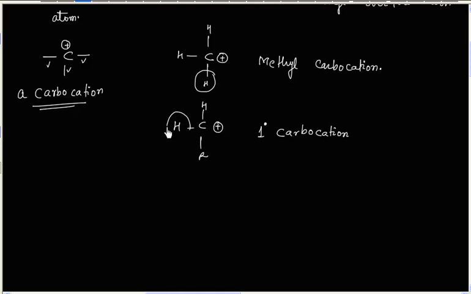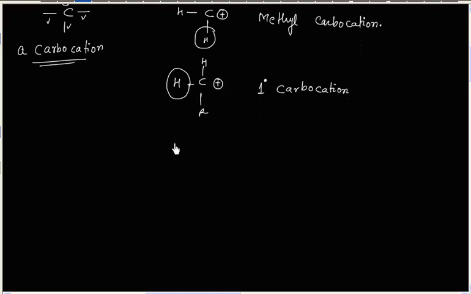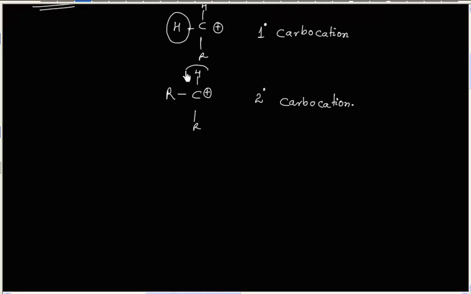We can replace this hydrogen also with an alkyl group. So this is a 2 degree carbocation. Now similarly we can have a 3 degree carbocation if this hydrogen is replaced by an alkyl group. So this is a 3 degree carbocation.